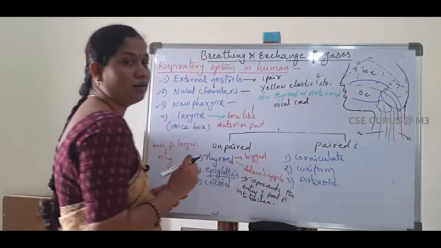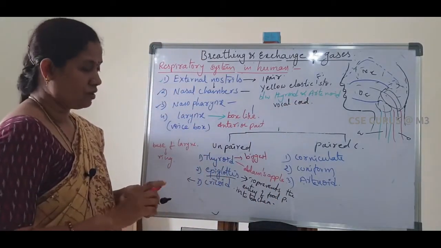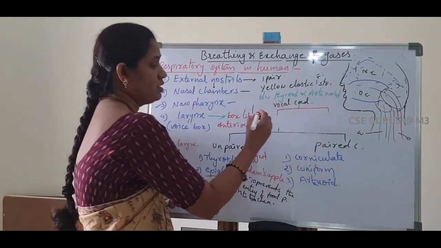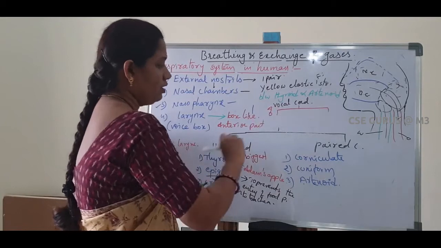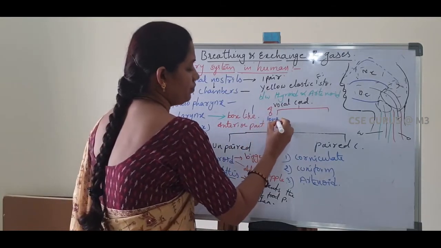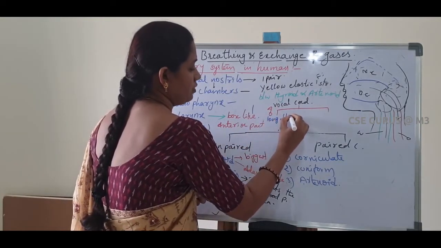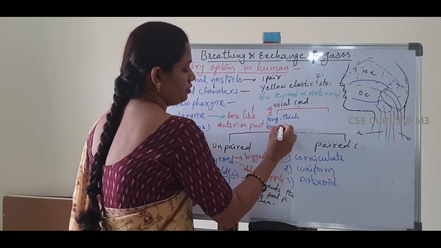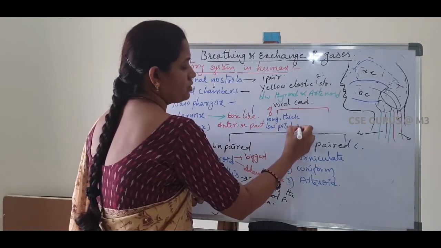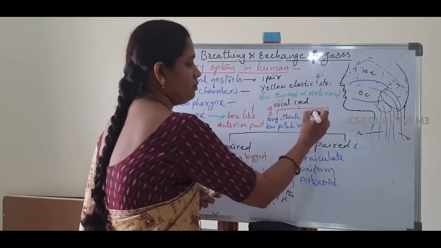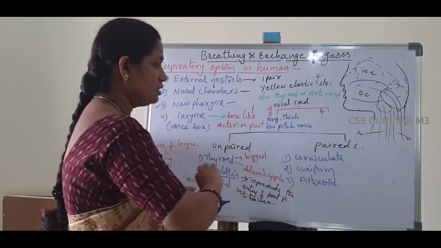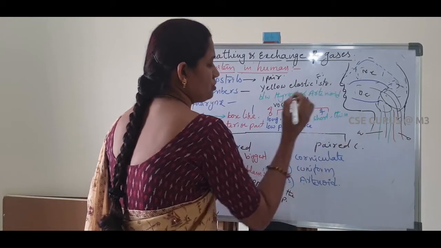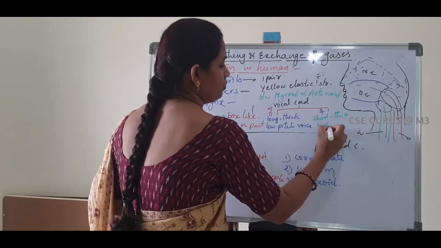The vocal cords produce sound, and they are different in males and females. In males, they are long and thick, and they produce a low pitch voice. In females, they are short and thin, so they produce a high pitch voice.